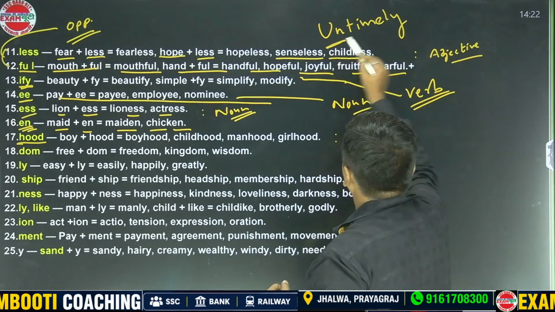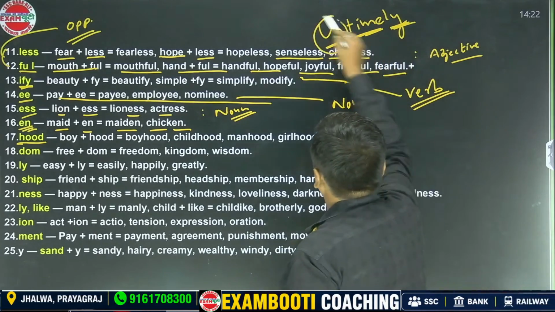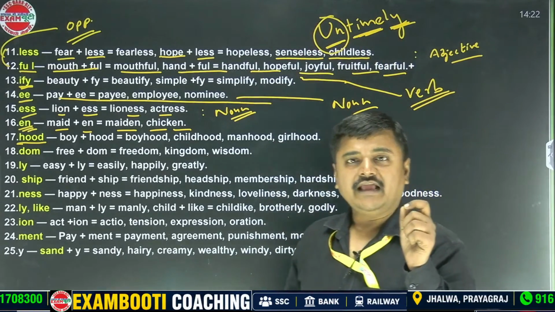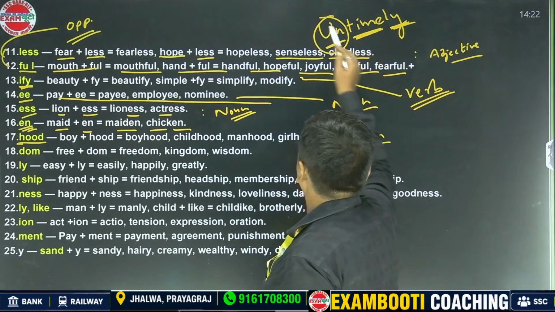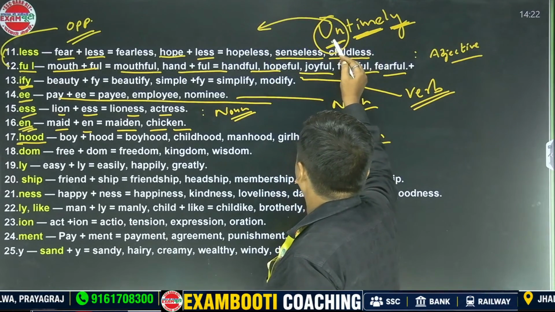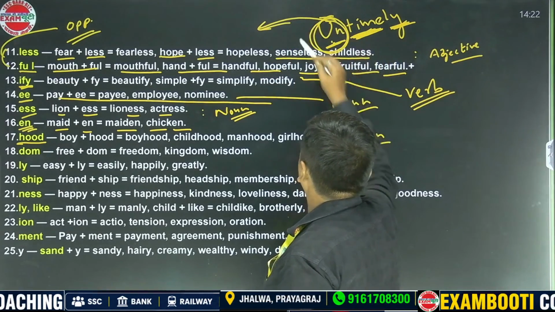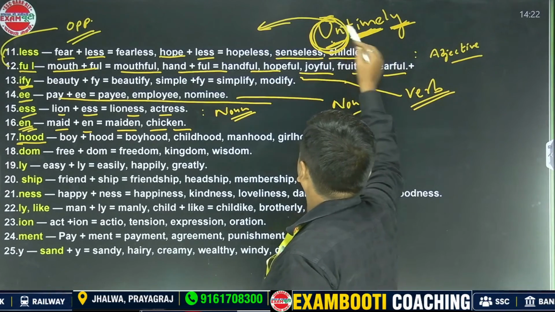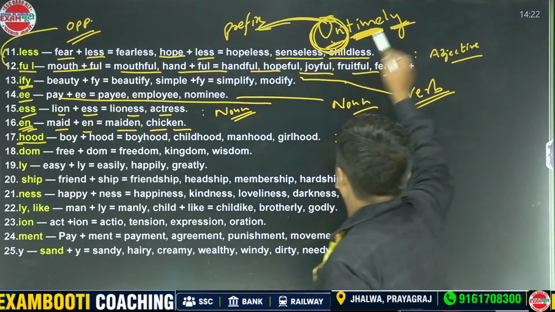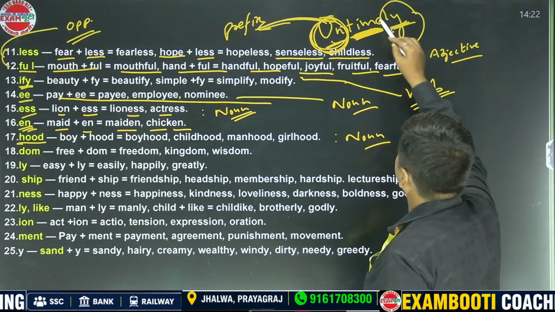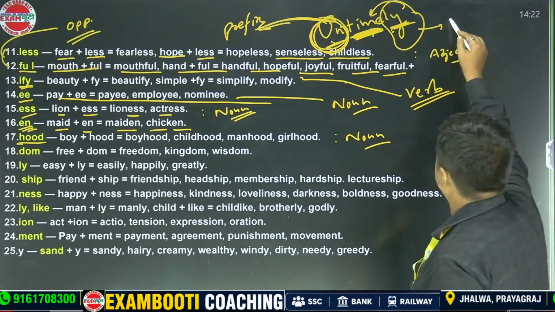So there is un, the original word is time, and there is ly. We see un in the beginning of time. Un is added to the beginning of this word time. So un is a prefix, and ly is added to the end of this word. So this is a suffix.